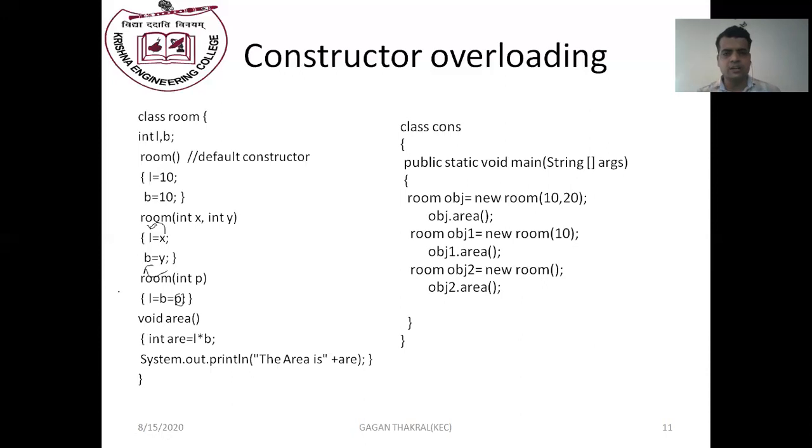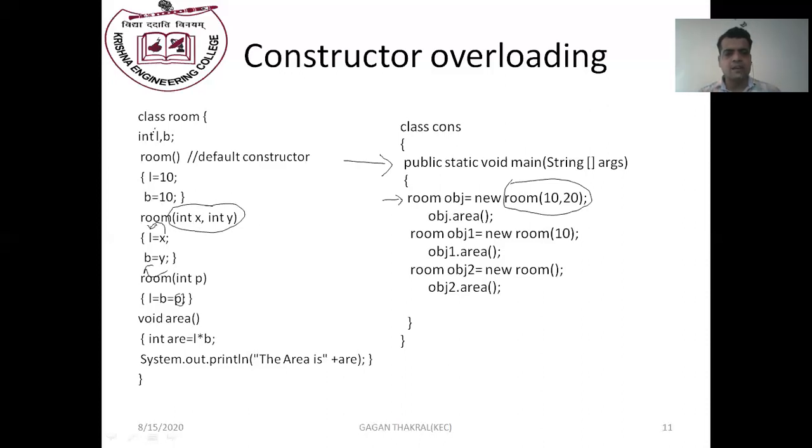How this program works: execution of the program starts from the main function. It will create an object of the room class. When it creates the object of the room class, the parameterized constructor is called with the help of two integer values, where the value of x is 10 and the value of y is 20.